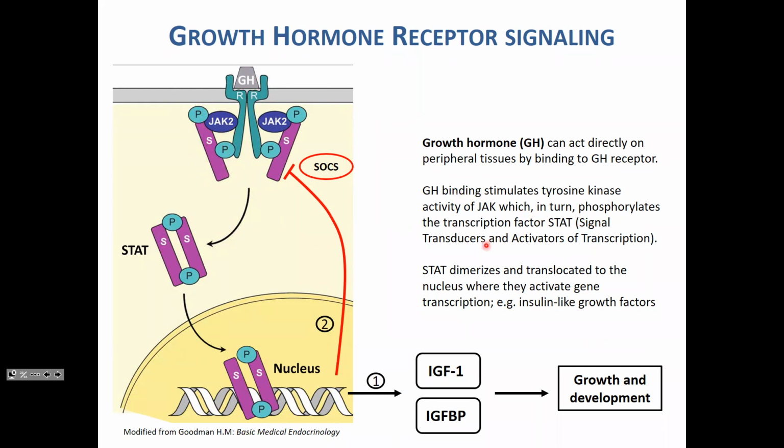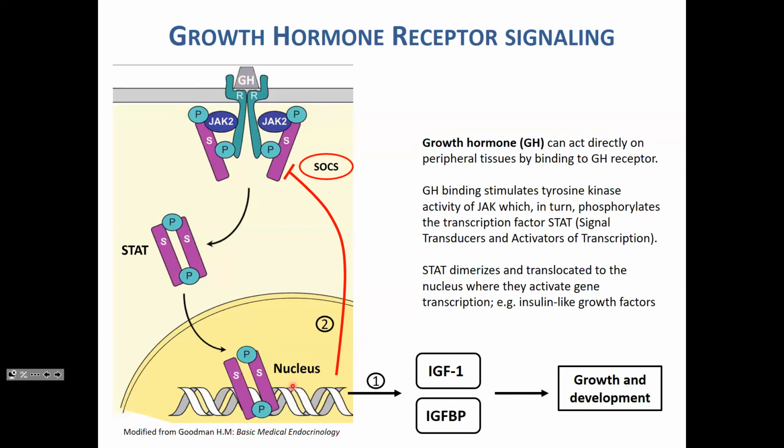STAT stands for signal transducer and activator of transcription. Once it's phosphorylated, it can dimerize. That dimerized transcription factor can now translocate into the nucleus, where it binds to regulatory elements on genes and turns on gene transcription. One of the things it's going to turn on is the production of insulin-like growth factor 1 and the binding protein for insulin-like growth factor 1. And those two factors are going to regulate growth and development.